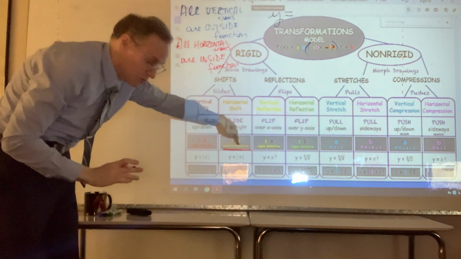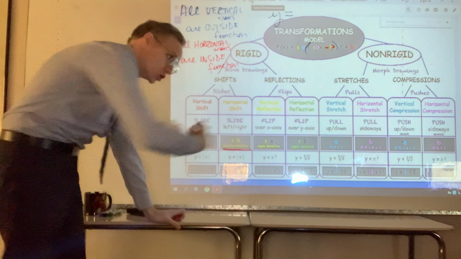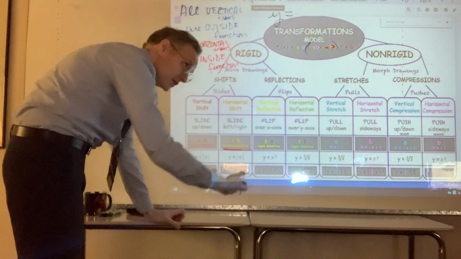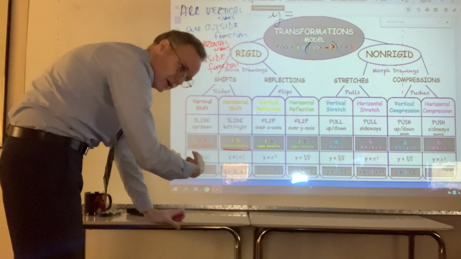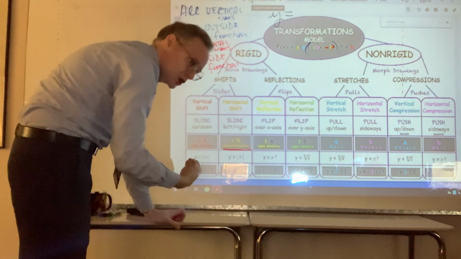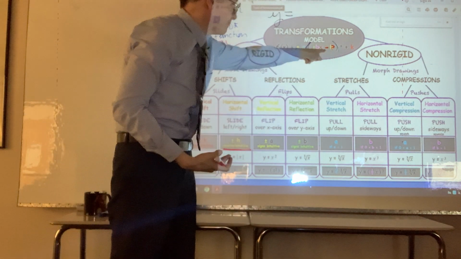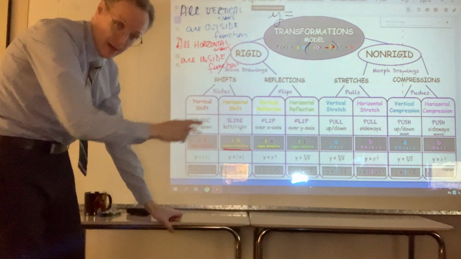When you think normally positive means you shift right along the x-axis, instead it is ironically shifting left, right? When you have positive. So if you see a positive, you're really going to shift left instead, right? If you see a negative, all right, then you're going to shift right. It's exactly the opposite of what you would expect.